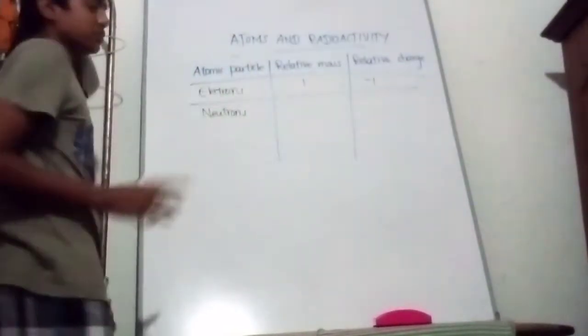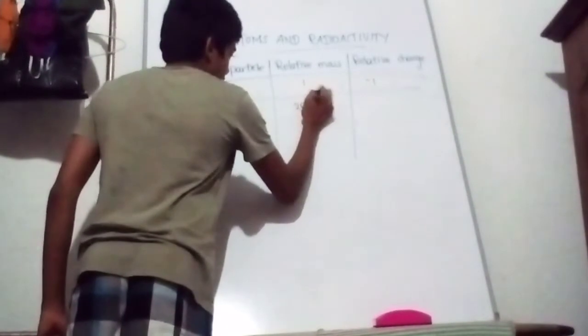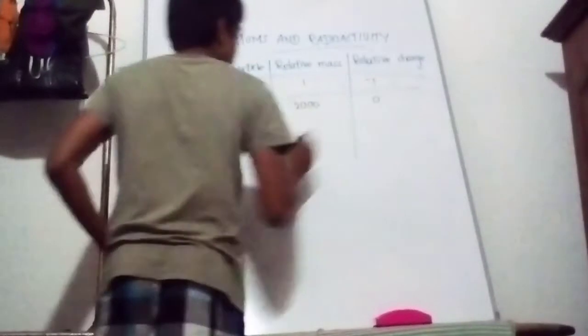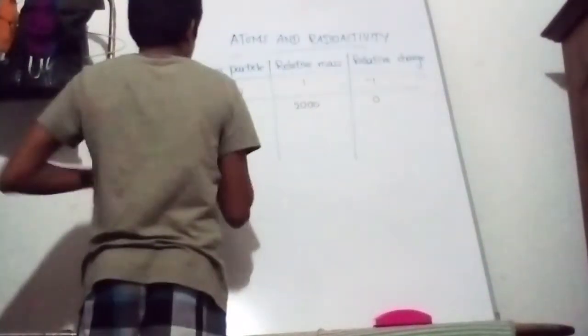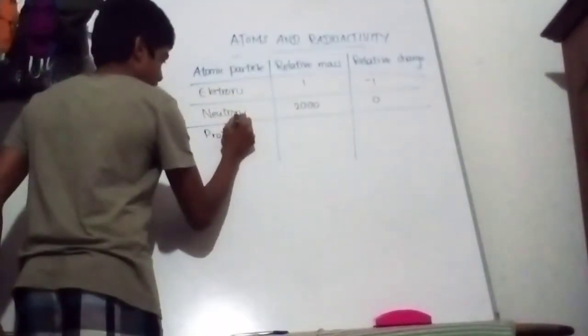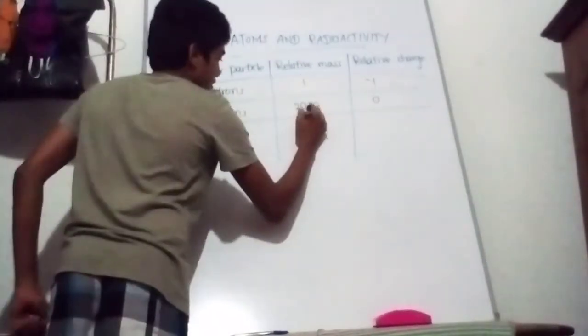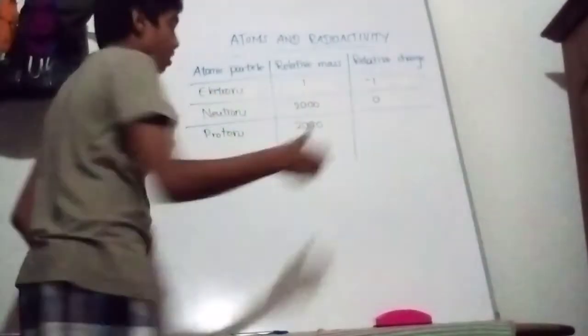The relative mass of neutrons, remember, is 2000. The relative charge of neutrons is 0 because it is neutral, as you know. And the last one, protons. The relative mass of protons is the same as neutrons, 2000. But the relative charge is different, it's +1.